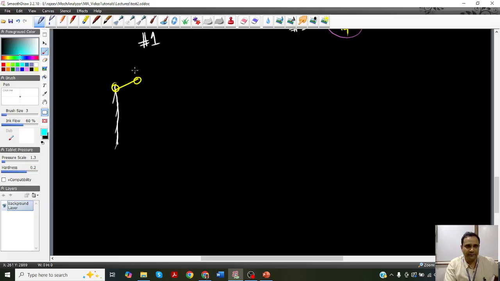Then I'll have a slider, and this rectangular block is going within another slot which looks like this.